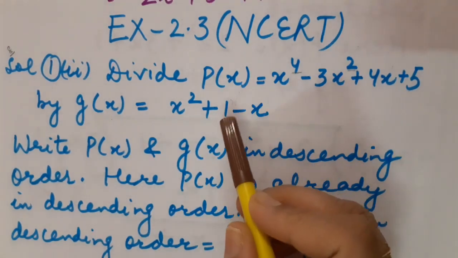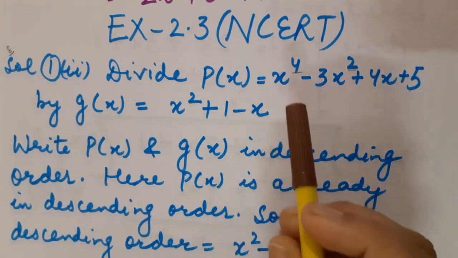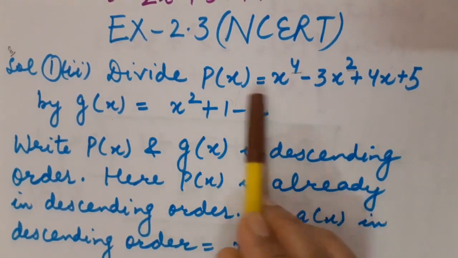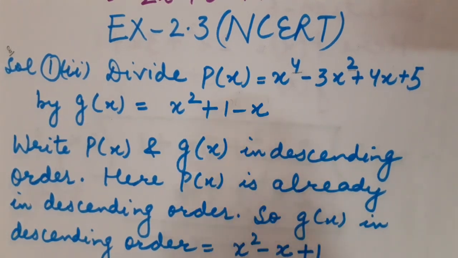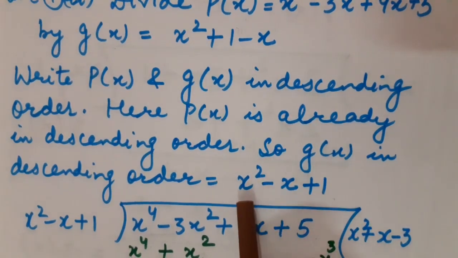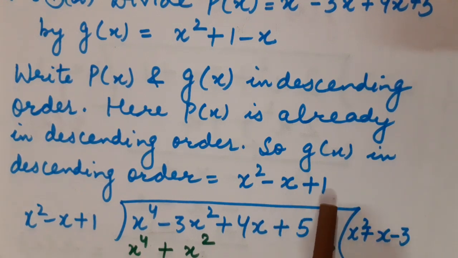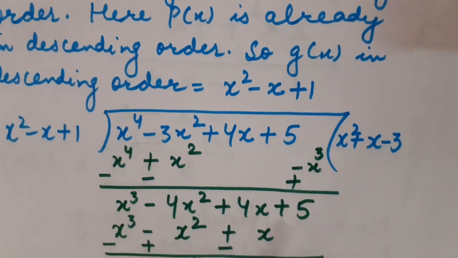Can I write 1 as 1 into x raised to the power 0? Means the power will be 0. Now here power is 1. So this complete expression is not in descending order. So it must be written in descending order first. After converting it into descending order, the expression will become x square minus x plus 1. Correct?